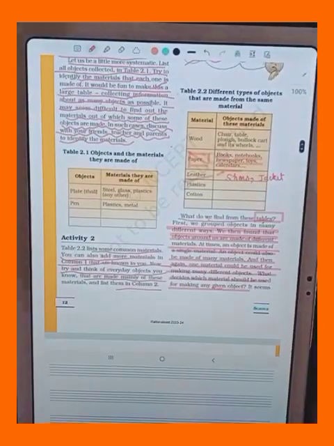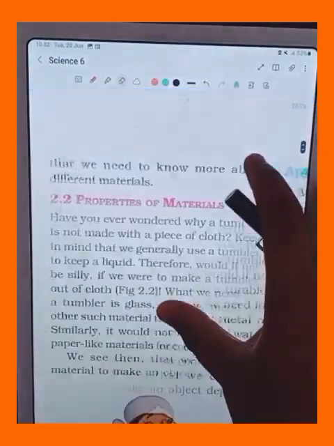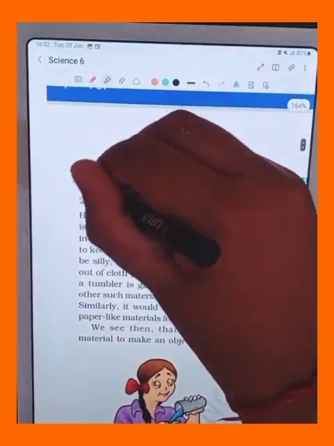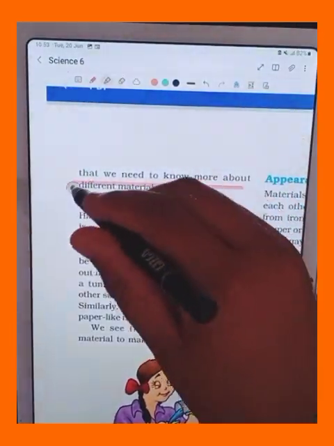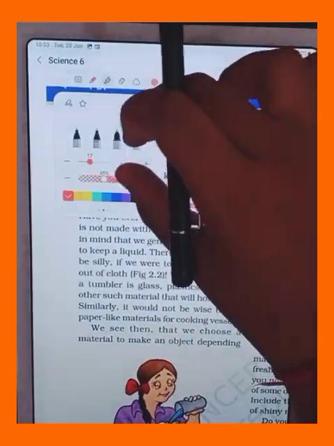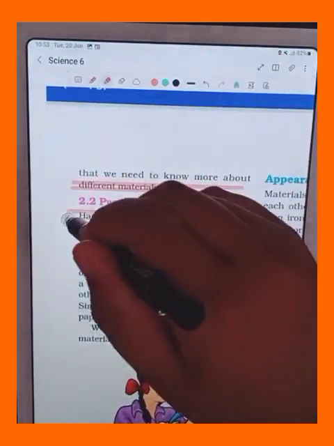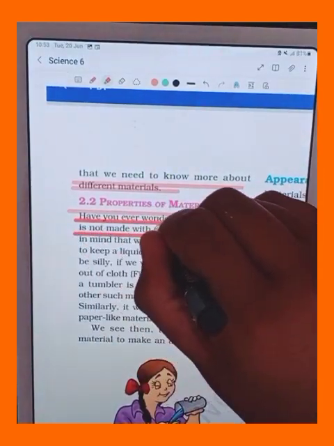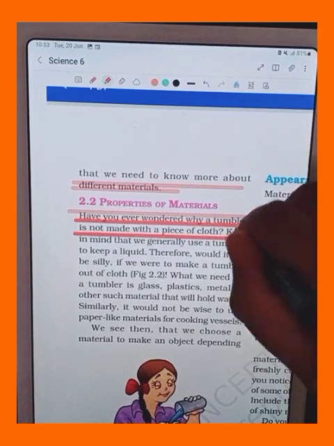So let's go to the next page. Let's read. We need to know more about different materials. 2.2, properties of materials. Have you ever wondered why a tumbler is not made of a piece of cloth?